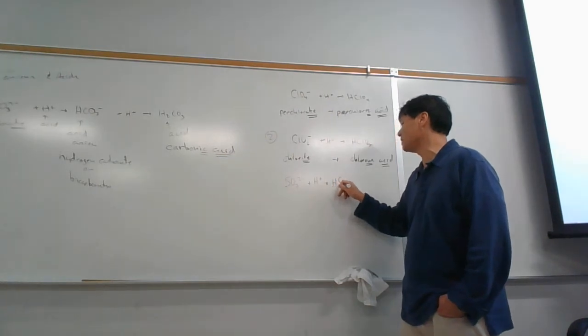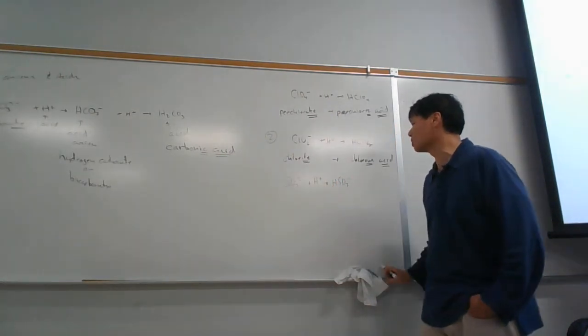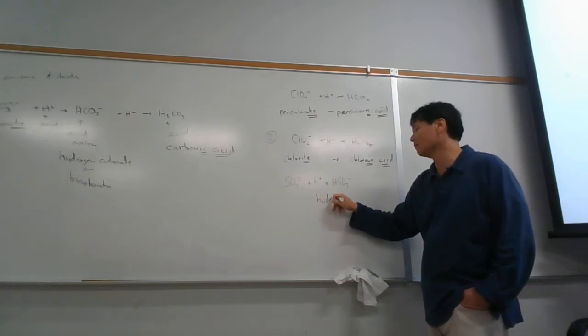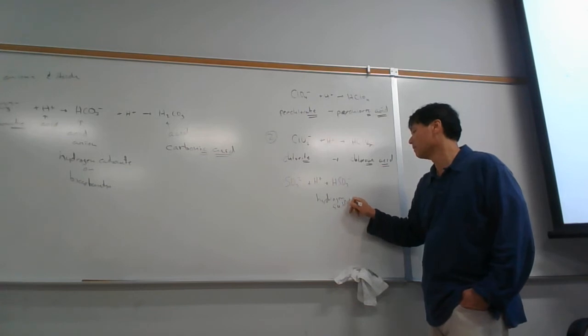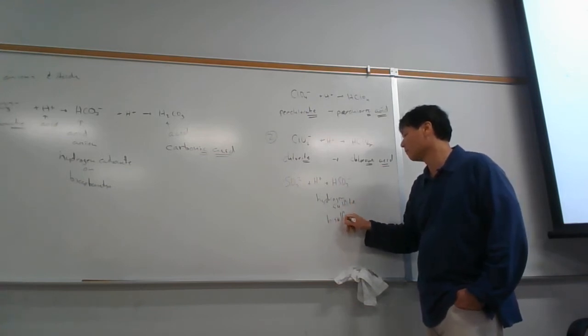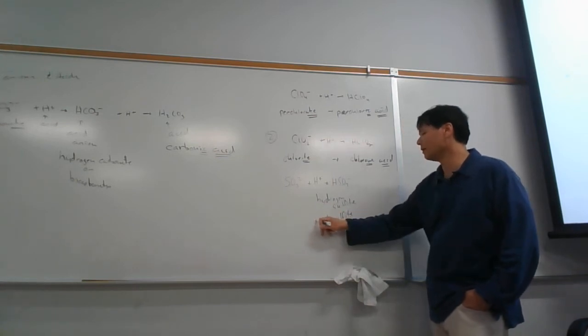And that's going to form HSO3 with the -1 charge. This one is called hydrogen sulfite, or bisulfite ion.